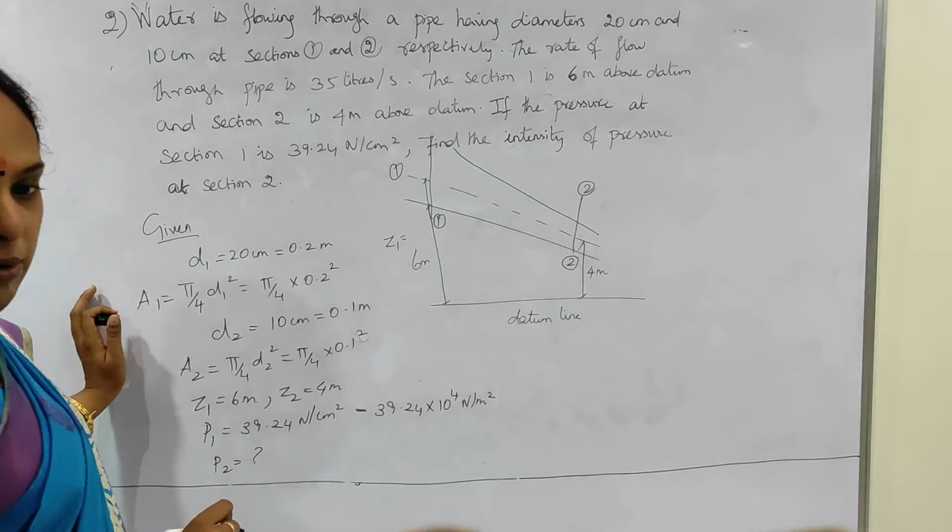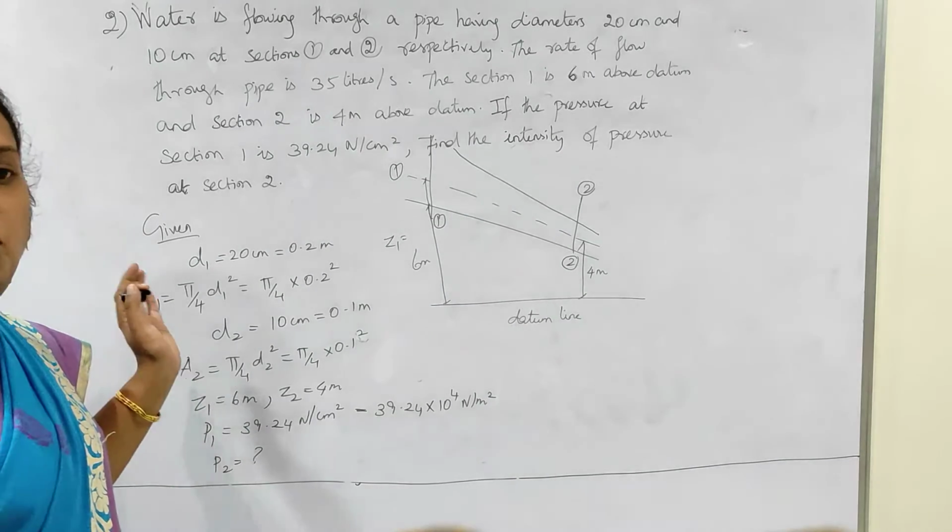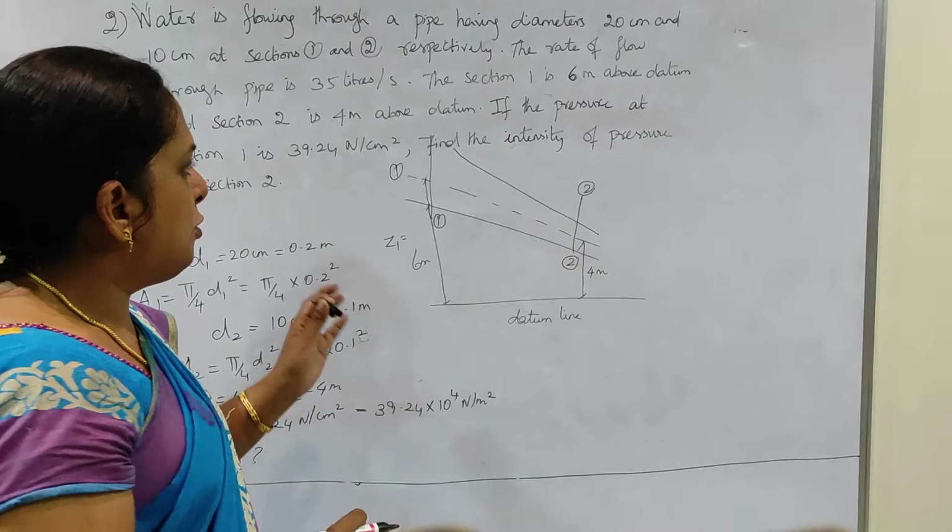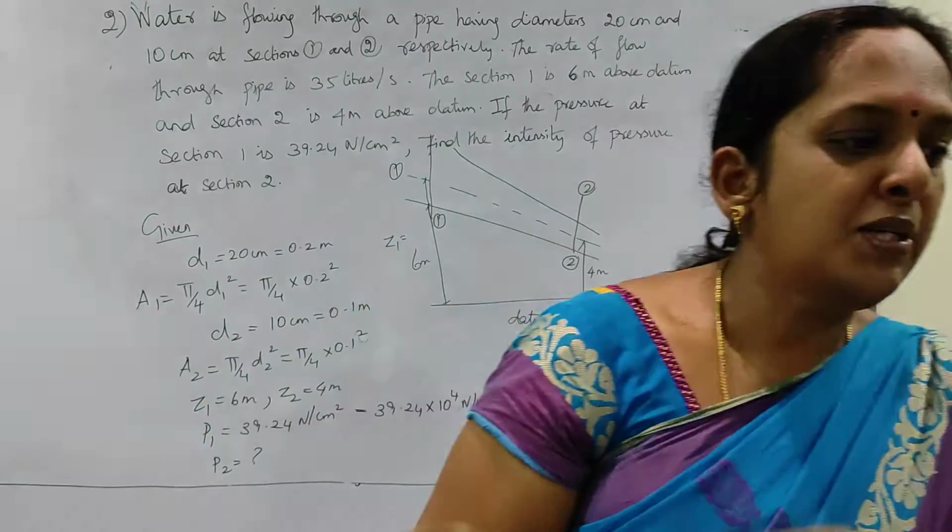So what we have to do is find out this P2. What is our Bernoulli's equation we have seen so far?